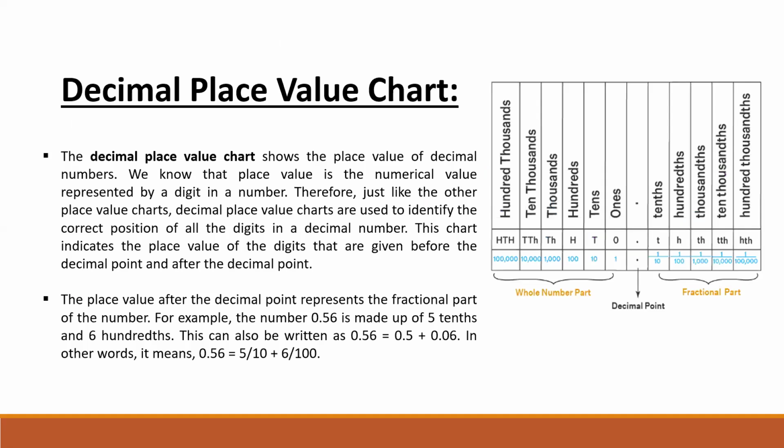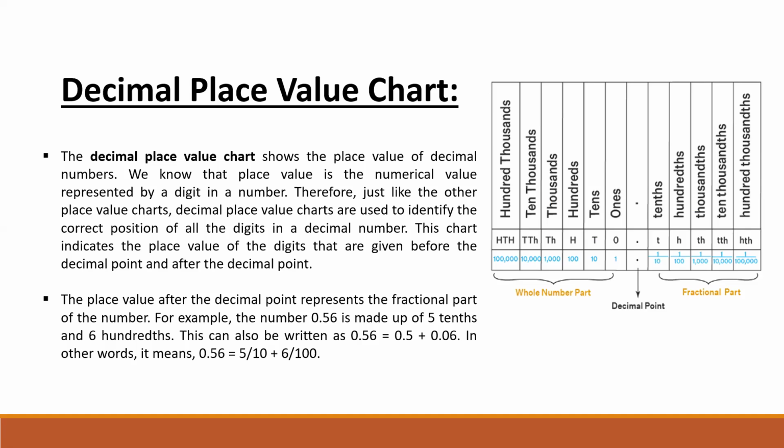Now, there's another topic after the introduction of the decimal number. The new topic is the decimal place value chart. So, what does it do? It shows the place value of decimal numbers. Through this, we know that the place value is the numerical value represented by a digit in a number.